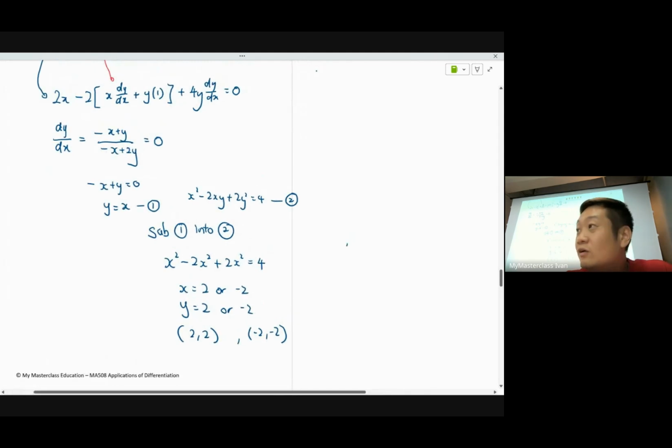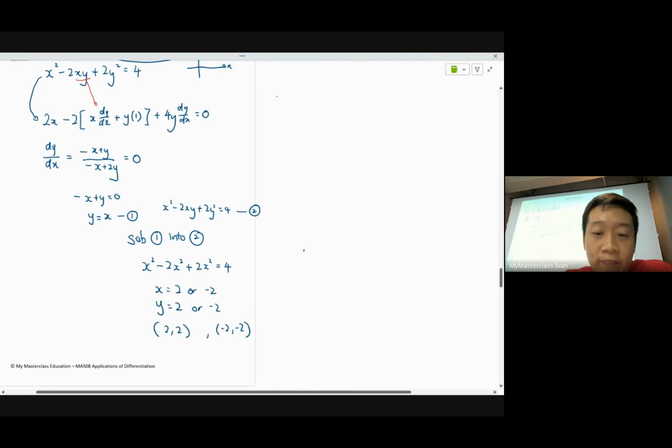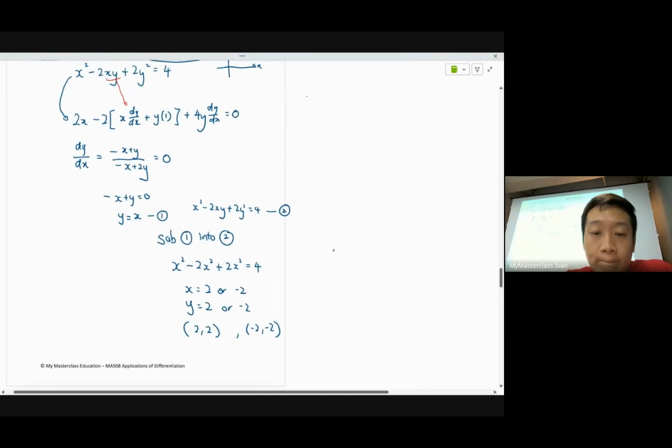Isaac, did you get your dy dx correct? Still differentiating. Wait, shouldn't it be x squared plus negative 2x, then negative 2x, then y is negative? Y is x though.